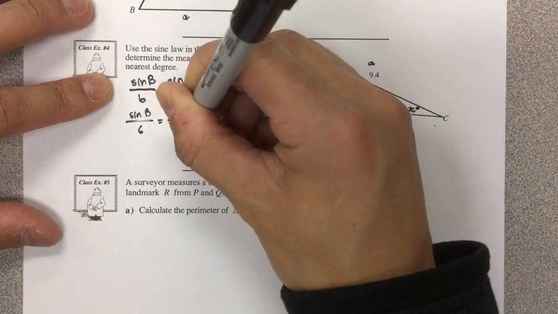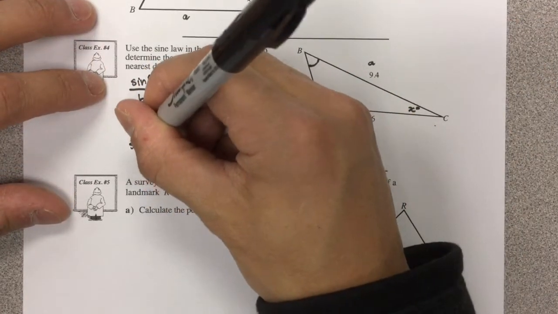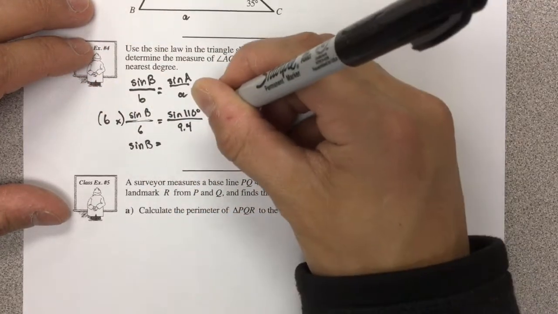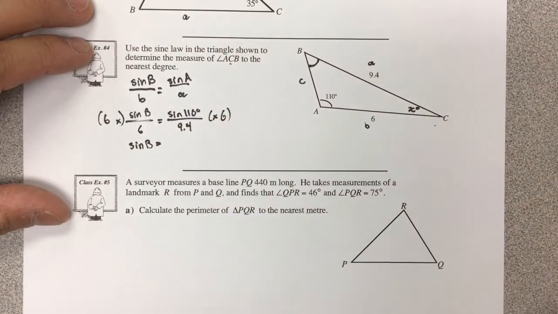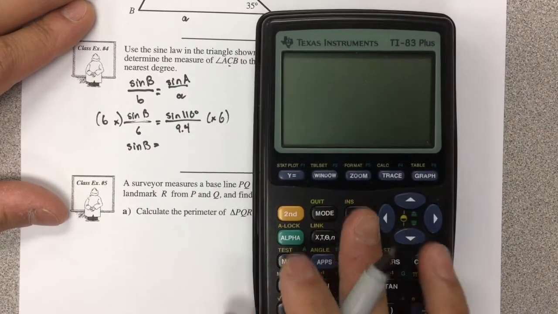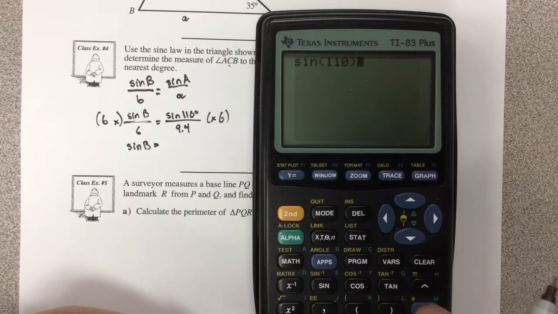over 9.4. Now I need to get this sine B by itself. So sine B is equal to, and in order to do that, I got to multiply both sides by 6. And when we do that in our calculators, we're going to get sine 110 divided by 9.4, and we get 0.09.